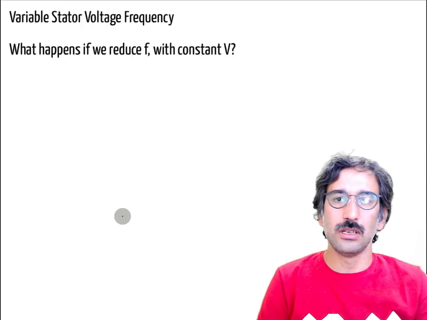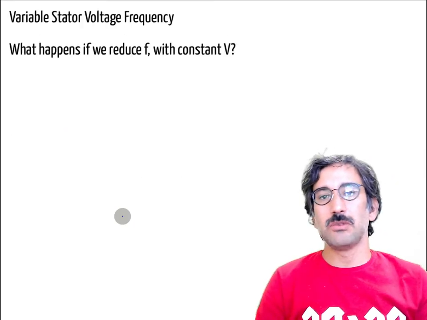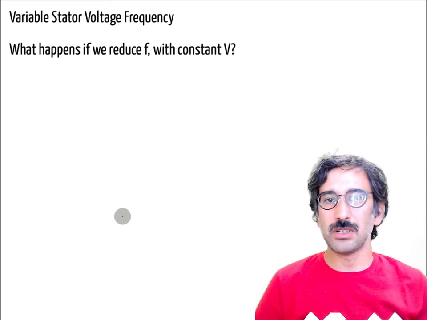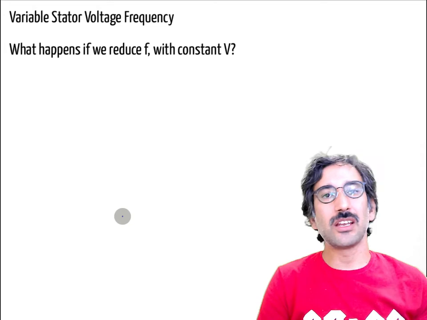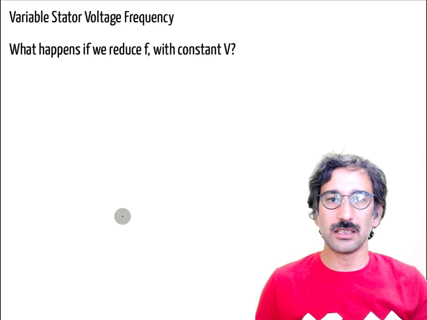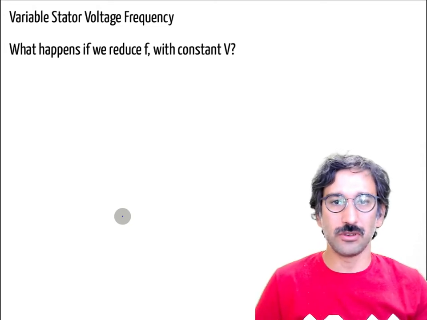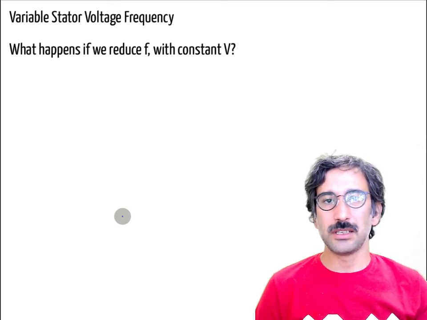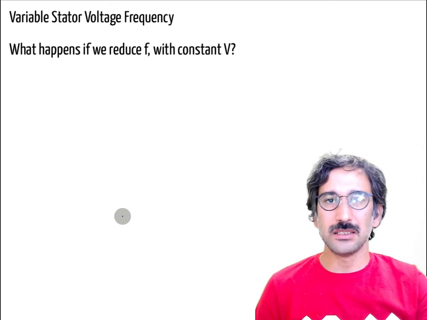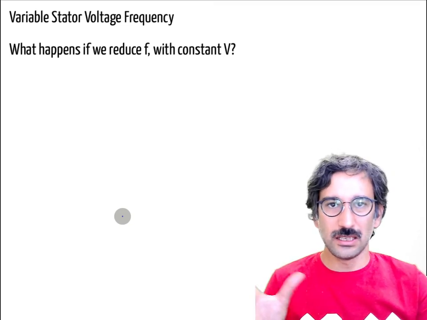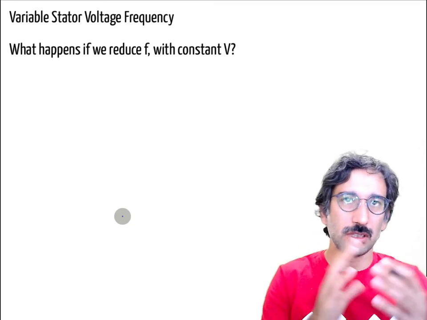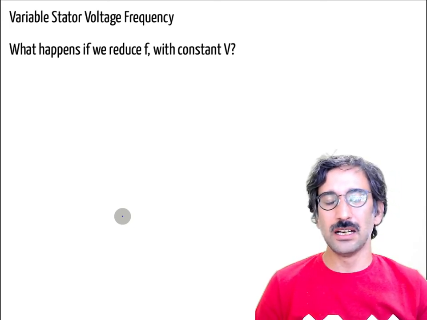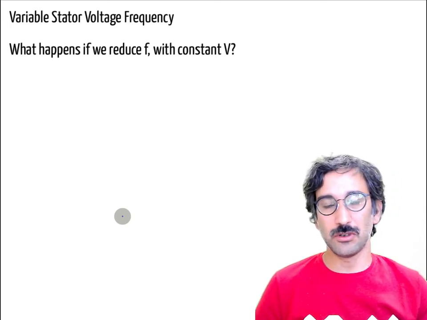Cool. So then, we can change the voltage, we can change the frequency, but what happens if we change the frequency by keeping the voltage constant? In this case, if we reduce the frequency by keeping the voltage constant, I don't want to get into the details, but remember the equivalent circuit and the operation of induction machines is really similar to transformers.